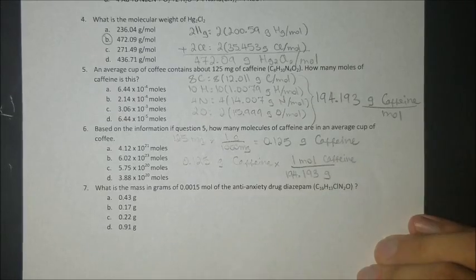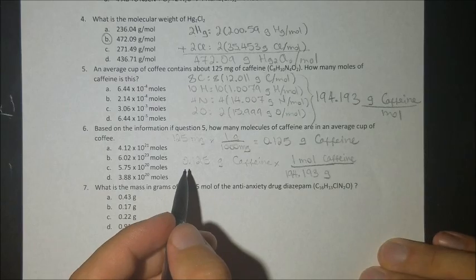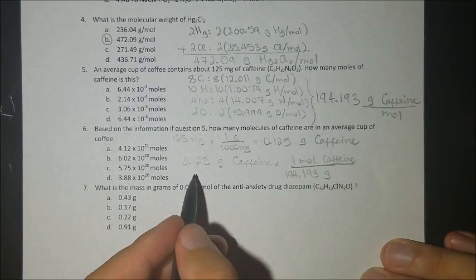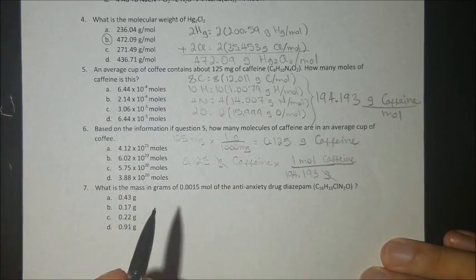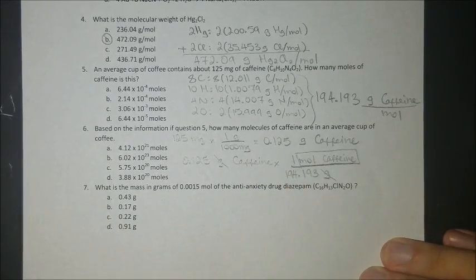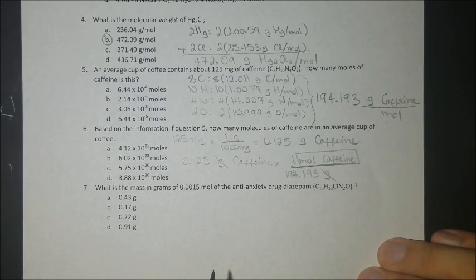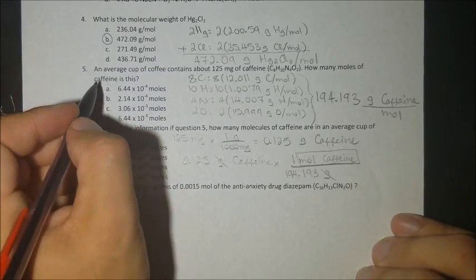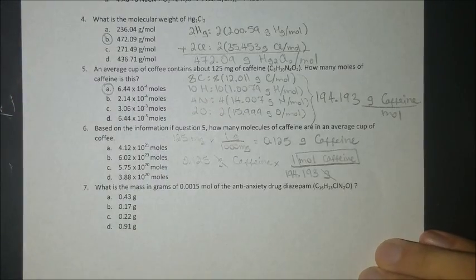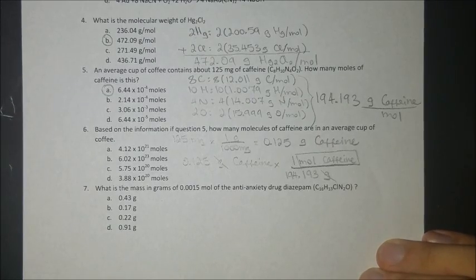I want to be specific. For every mole, I've got 194 grams, and multiplying these together, I can cancel my grams, and now I'm left in moles of caffeine. If I run this through my calculator, what I would get is A. So 6.44 times 10 to the negative third moles, or excuse me, negative fourth moles. So that's how many moles of caffeine I have in a cup of coffee.